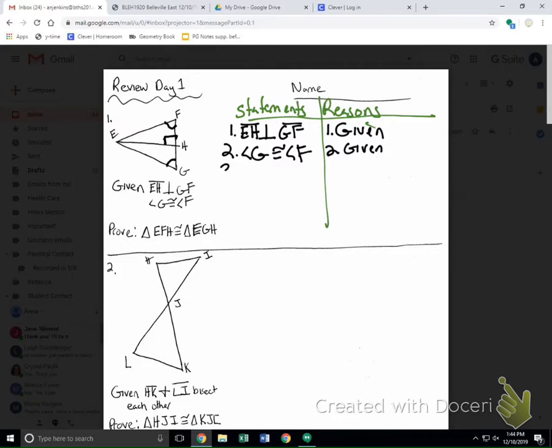So we can now say that number 3, angle EHF and angle EHG are right angles. How did we know that? Jack? Perpendicular lines form right angles.